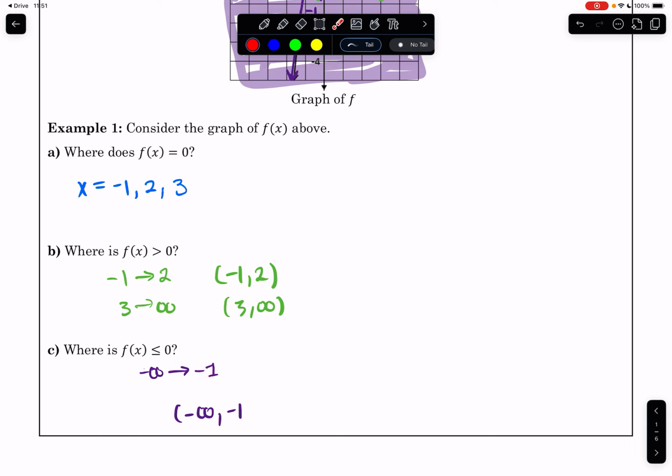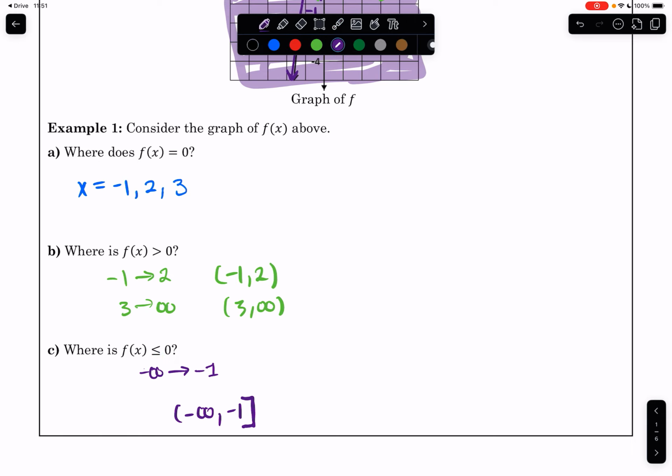So to include that, and to say that not only are we figuring out the values where y is going to be negative, but also equal to 0, we use again a bracket to indicate that we are including that endpoint. If we do not want it to equal 0, we use parentheses to indicate that we're not going to use the endpoints. We do not include the endpoints where the graph is greater than 0. But if we're going to have it equal to 0, then we use a bracket to indicate that.